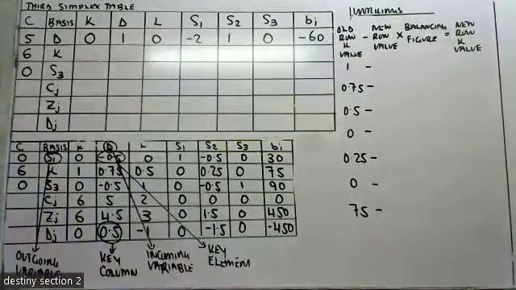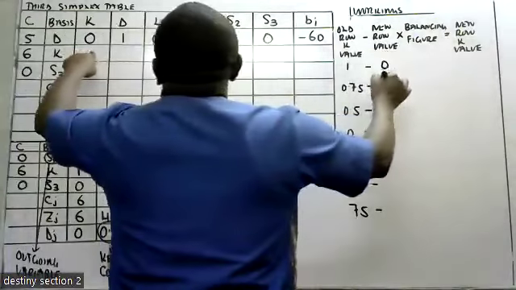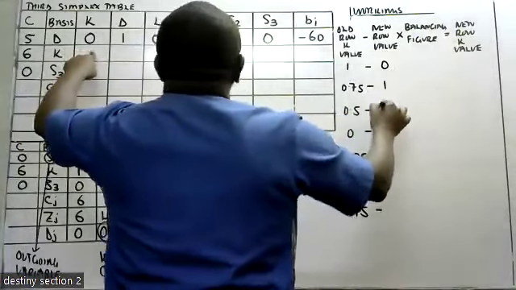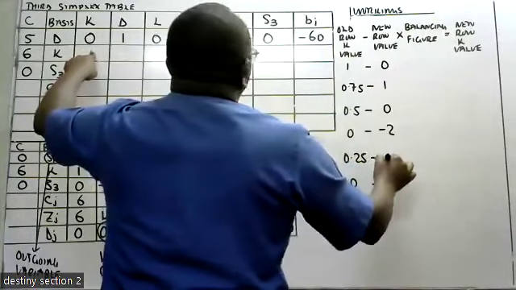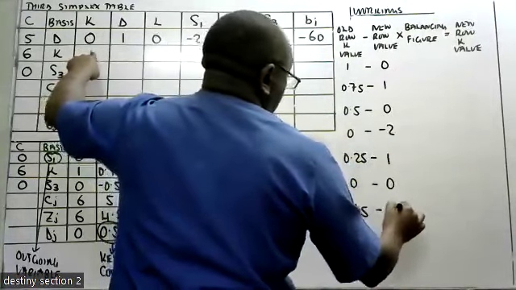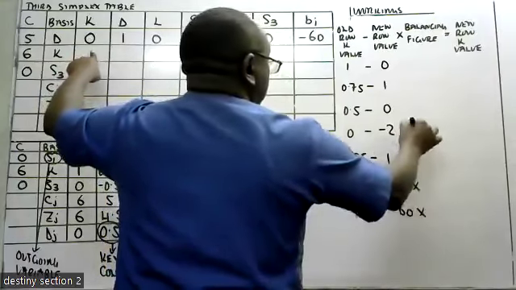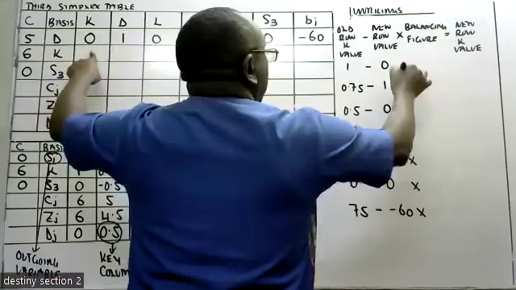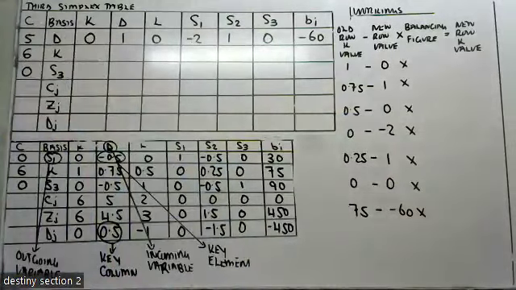The new row values, we bring these ones here: 0, 1, 0, -2, 1, 0, -60, times the balancing figure.